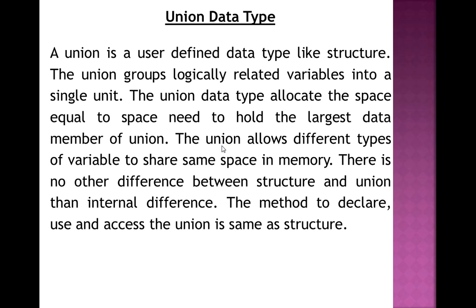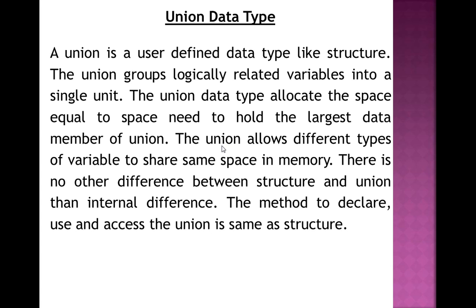But what is the main difference? A union groups logically related variables into a single unit. Related variables means variables of different types like int, float, double, long, stored into a single unit, that is, one unit. The union data type allocates space equal to the space needed to hold the largest member of the union. This is the main difference.